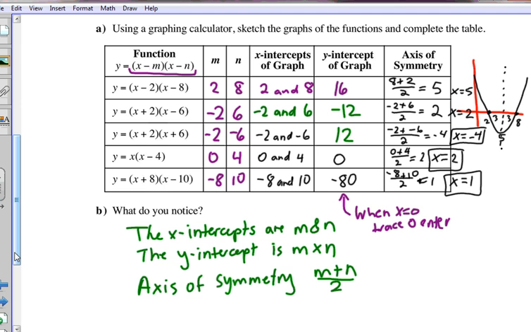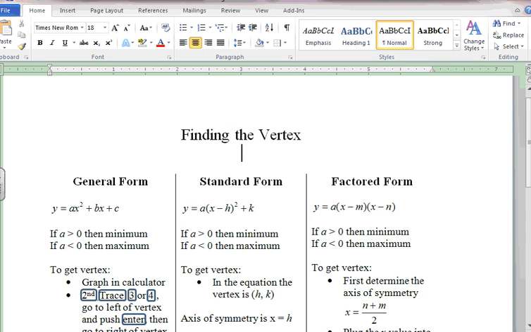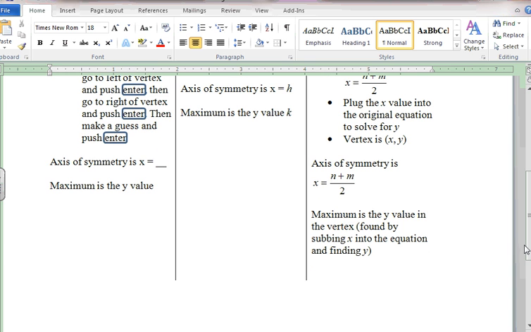So on your yellow sheet, in factored form, you could also add here. I didn't add in the y-intercept, did I?